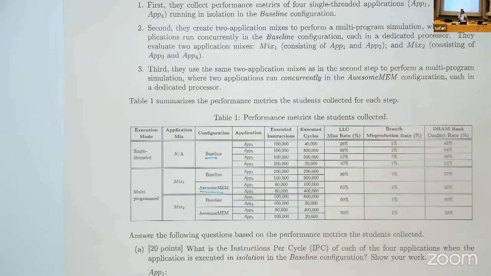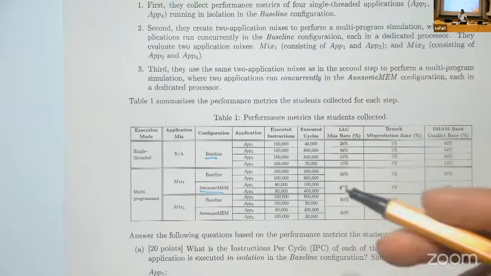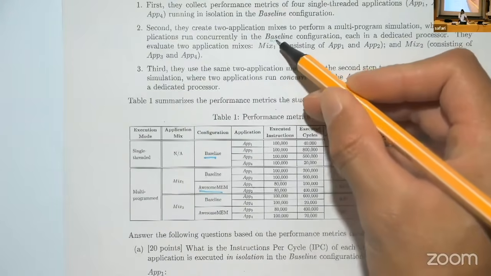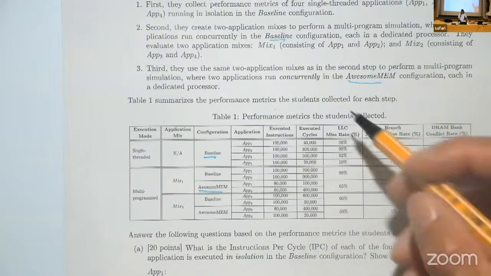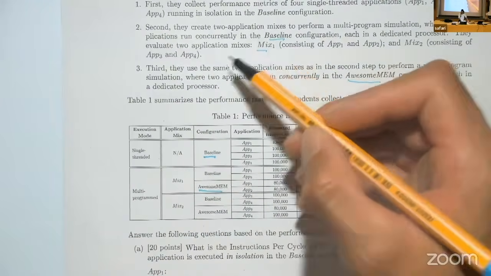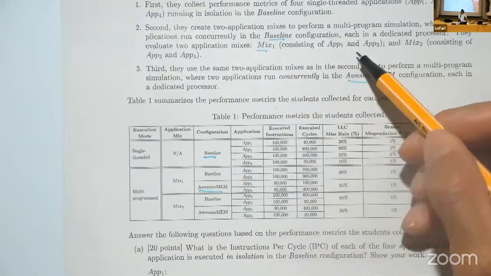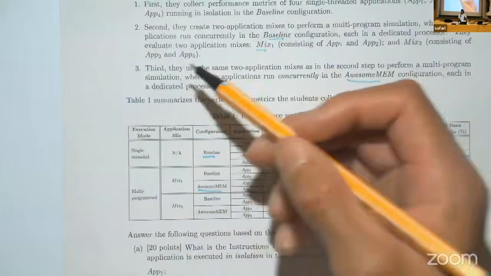So you have two cores. You run one application in one core and another application in the other core, and they run concurrently, both in the baseline and in the AwesomeMem configuration. Mix 1 has applications 1 and 2, and mix 2 has applications 3 and 4.